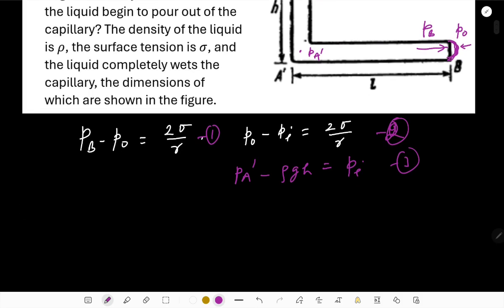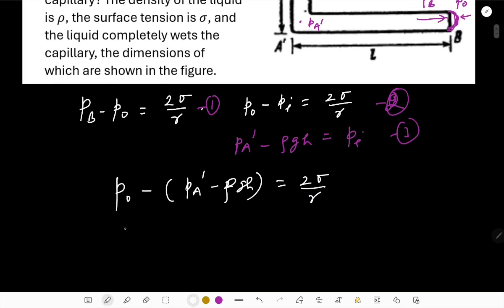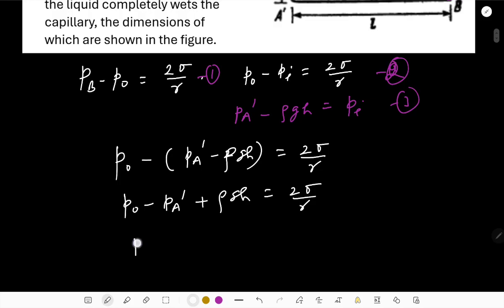If we merge equation number 3 into equation number 2, we are going to get something like P naught minus PA dash minus rho GH, and that will be equal to 2 sigma by R. That means P naught minus PA dash plus rho GH is equal to 2 sigma by R. That means P naught minus PA dash will be equal to 2 sigma by R minus rho GH.